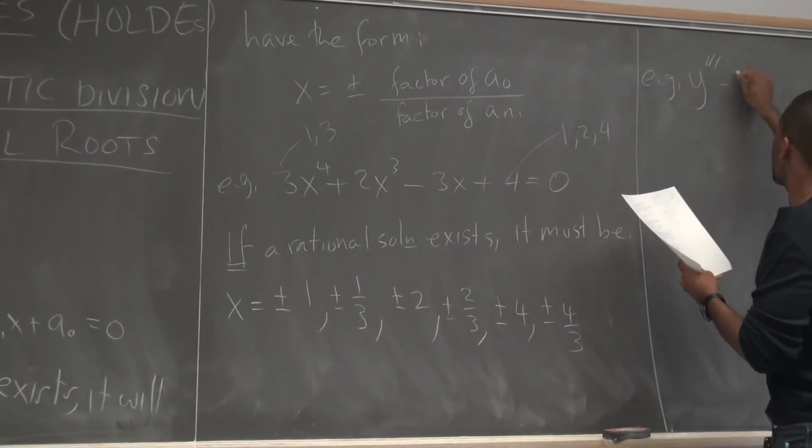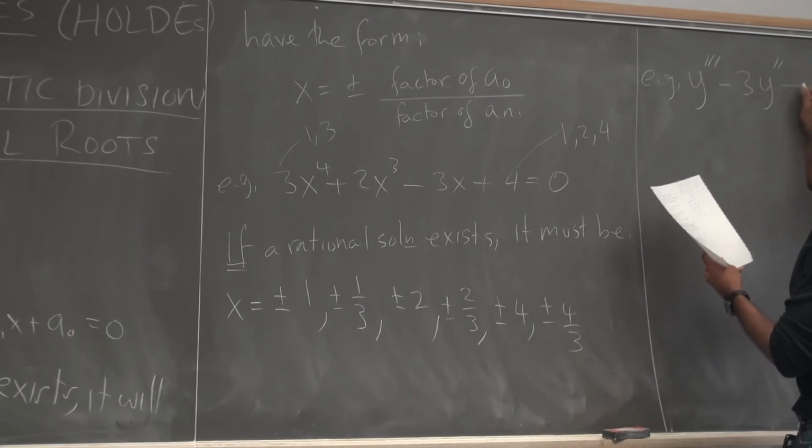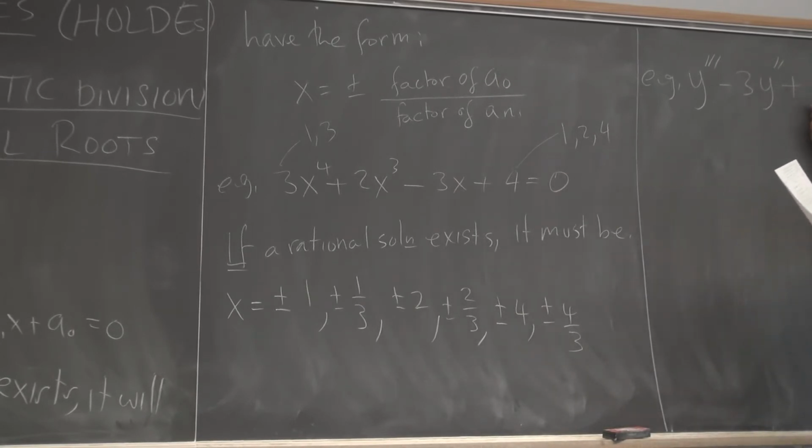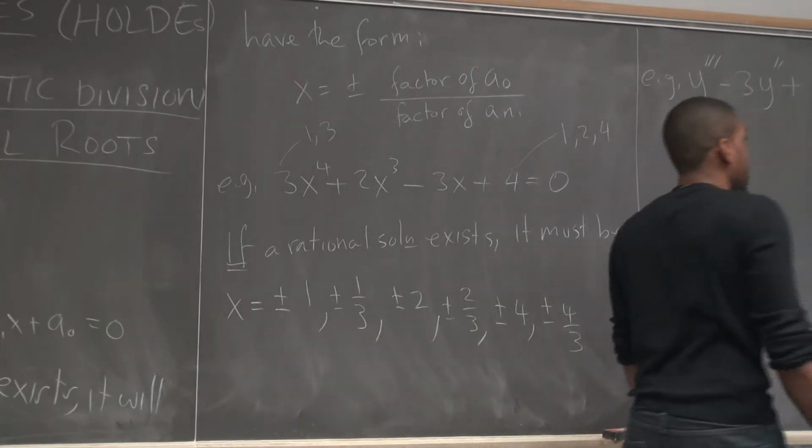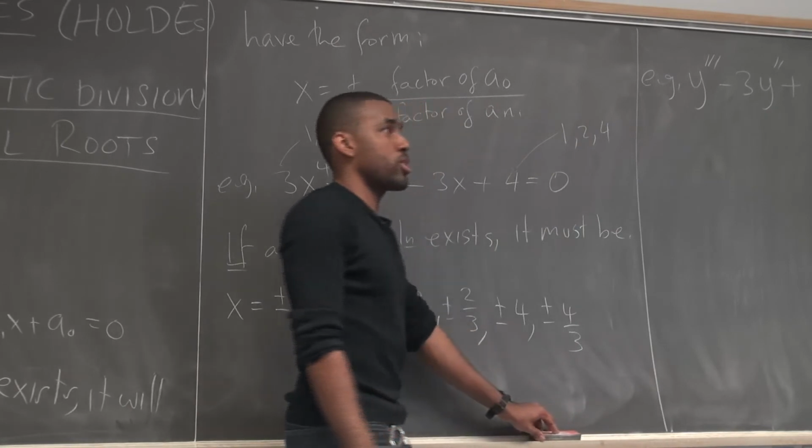Y triple prime minus 3y double prime plus y prime plus 5y equals 0. Okay, so you look at that, and factoring by grouping wouldn't work.